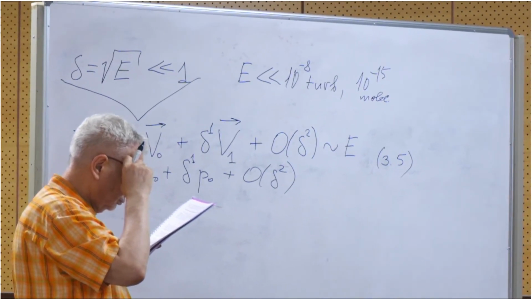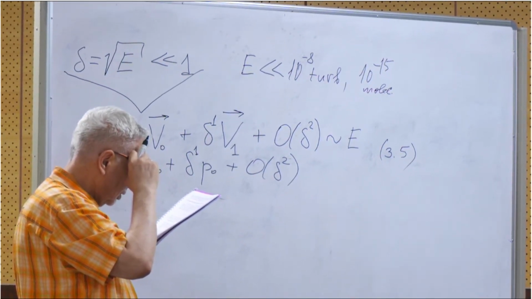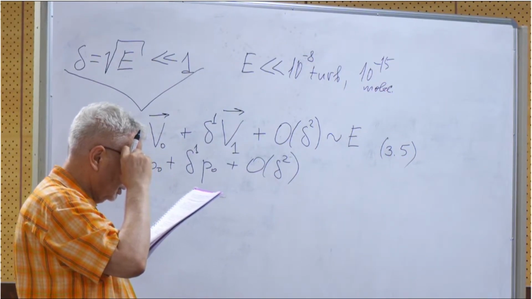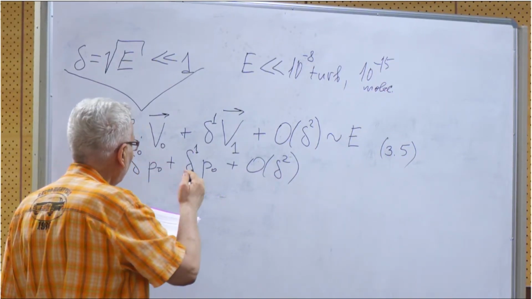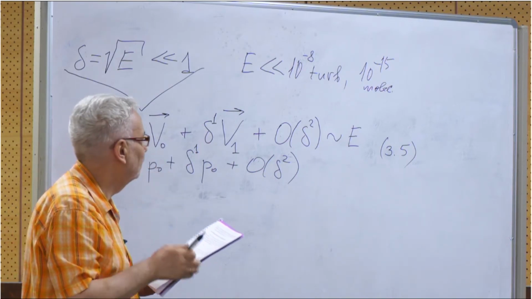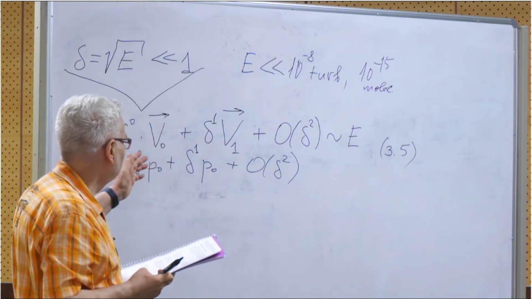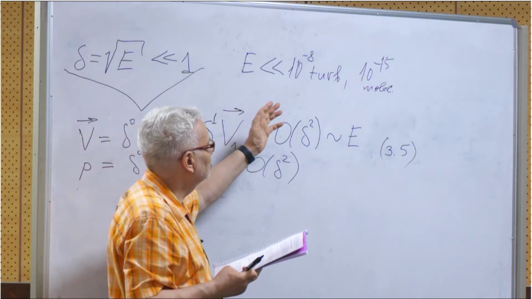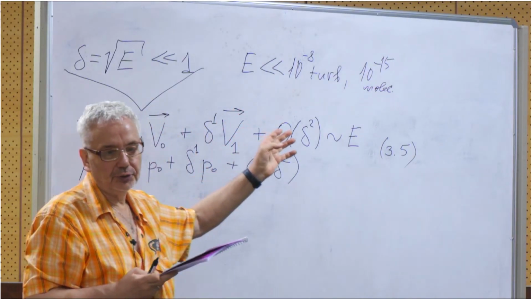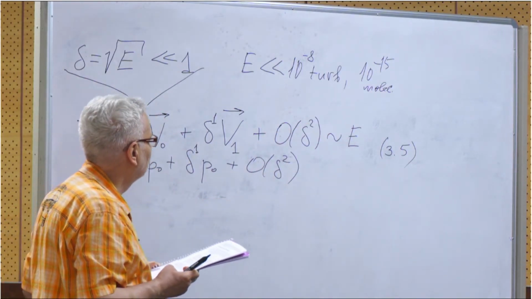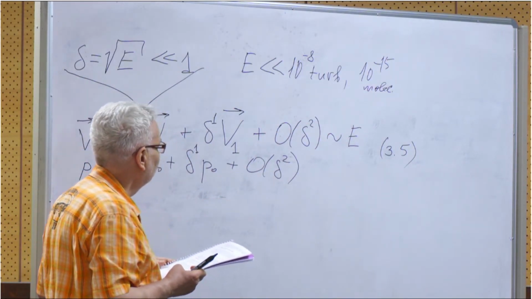Further, we will omit this index 0 everywhere, since we will limit ourselves only to the main terms. It's maybe more than enough, because even in the worst case of the Earth, it's 10 to minus 4 accuracy, which is very good.